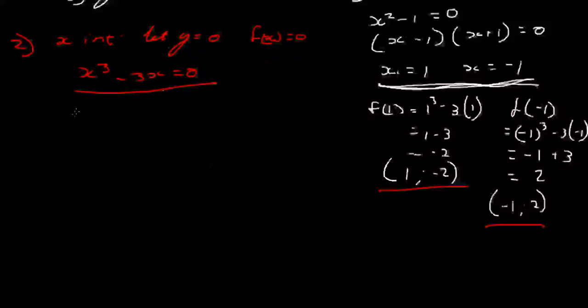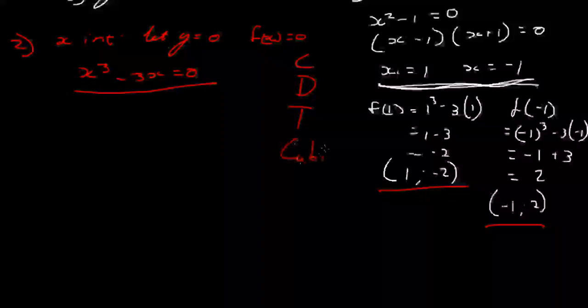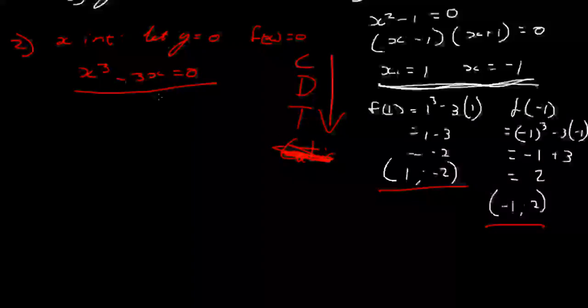So let's factorize the equation. So remember, for factorizing, we're looking for common factor, difference of two squares, and then trinomial, in that order. So is there a common factor here? Yes. We can take out an x, which leaves us with x squared minus 3 equals 0.